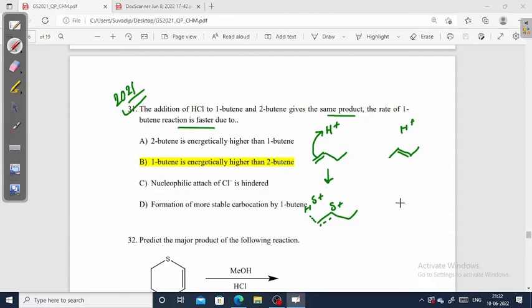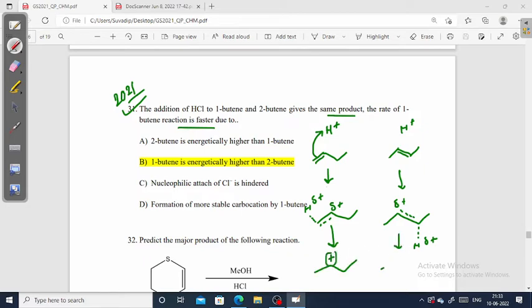Okay, so here it will be delta plus in this carbon. Here also, if we look at the transition state, it will have partial double bond character, and it will be H delta plus here and delta plus here also. So we can say that in both of the cases there will be a 2 degree carbocation.